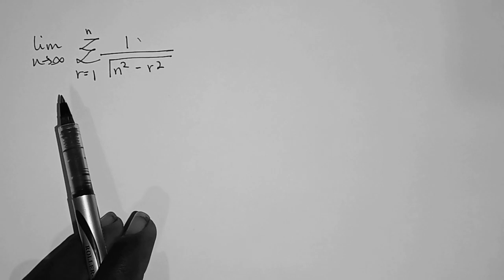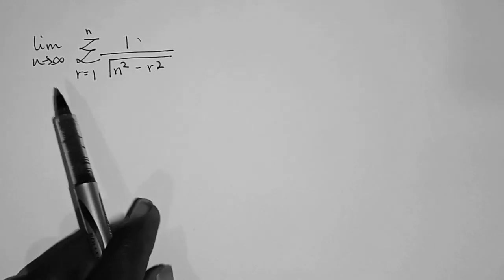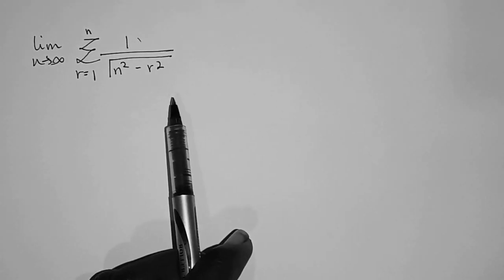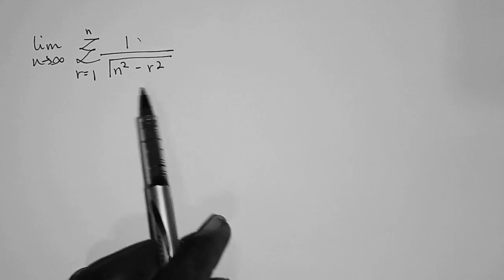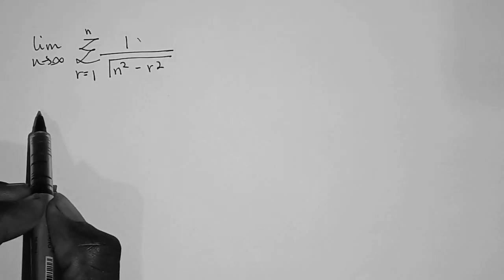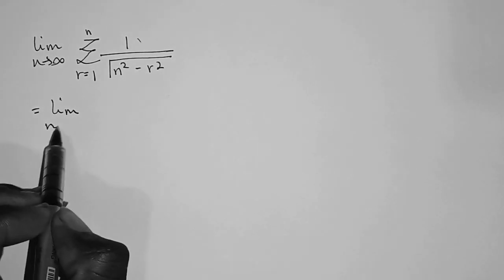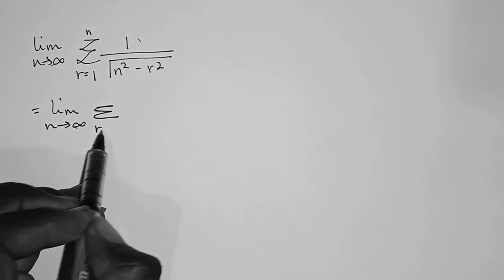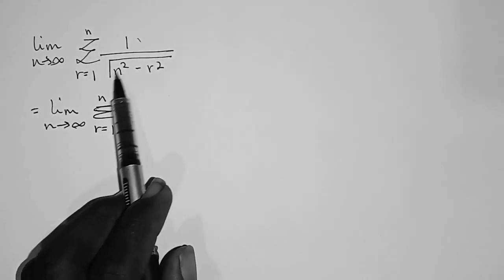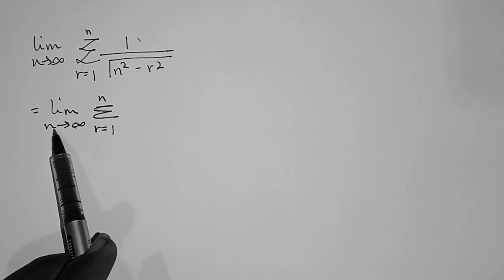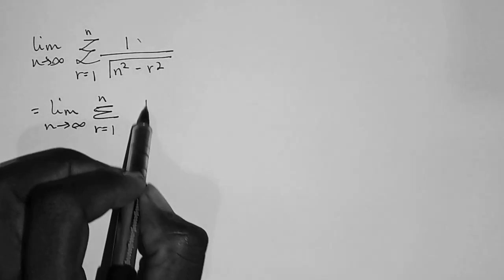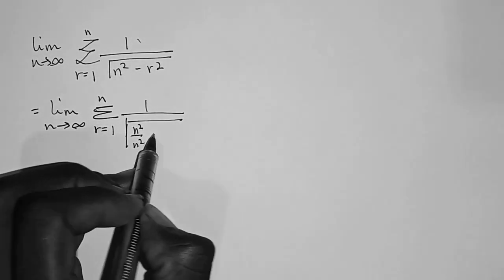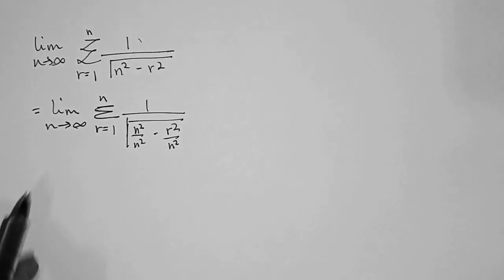So the third one was given as limit as n approaches infinity, sum of r equals 1 to n of 1 over n squared, square root of n squared minus r squared. So this is equal to limit as n approaches infinity, sum of r equals 1 to n. Now I want to divide through by n squared. So this becomes 1 over square root of n squared divided by n squared minus r squared divided by n squared.